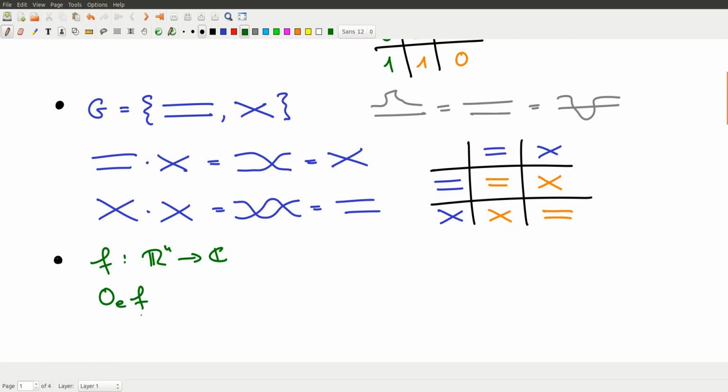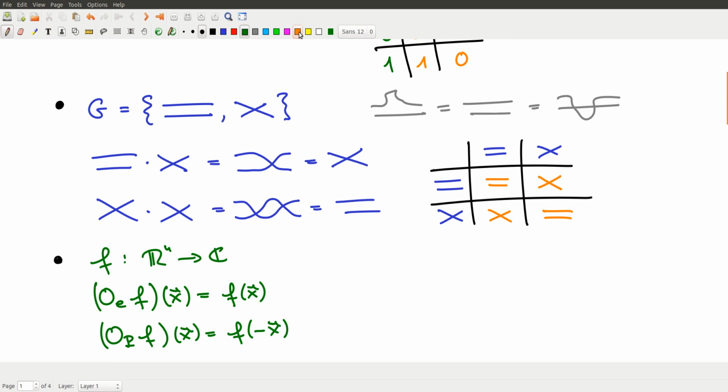O_E shall be the operator acting on f, so O_E on f gives us another function of n variables. And if I evaluate O_E on f at the position x, then I get back just f of x. And here's a second operator, O_P, acting on f. If I evaluate that at x, I get f of minus x.